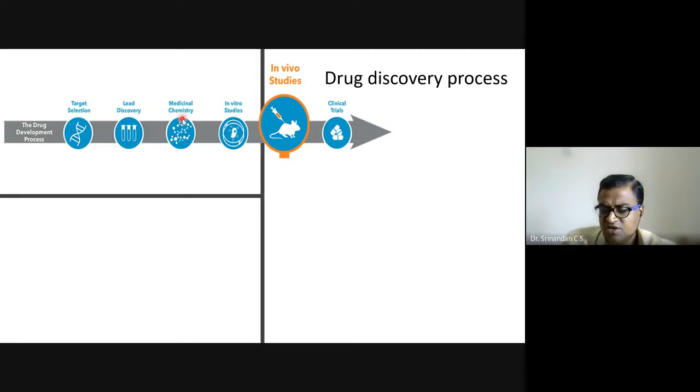Once you get a plethora of possible drugs that may reduce the disease, you test them in the lab. Okay, this is called in vitro studies.